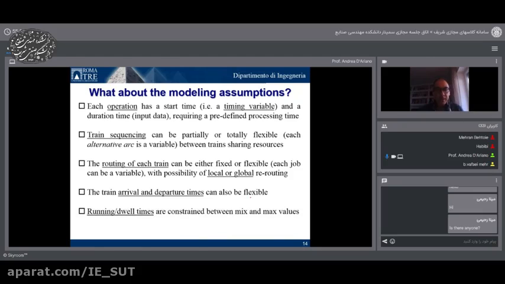And then you might also have some flexibility when you fix the so-called running time of trains, that is the travel time in a piece of track. And also the dwell time can be flexible. That is the time that the train is waiting at a station to allow passengers to enter or leave the train. You can also think about having a time window with minimum and maximum values for the running time and for the dwell times.